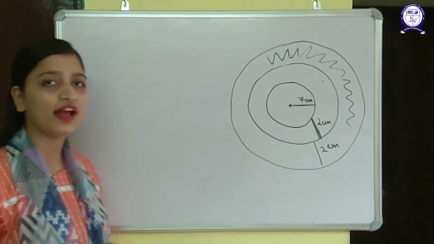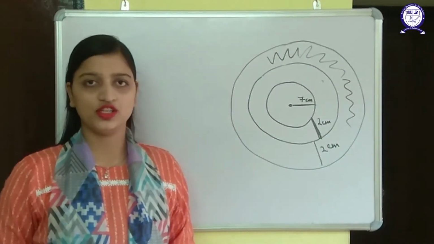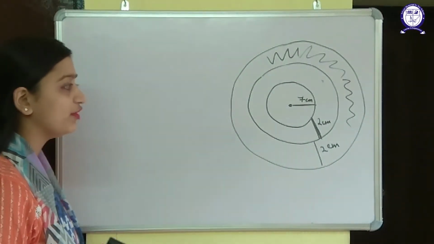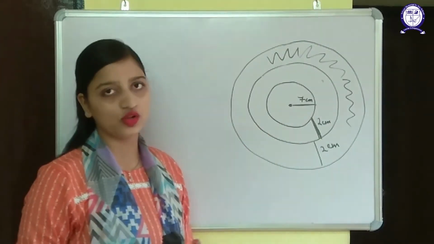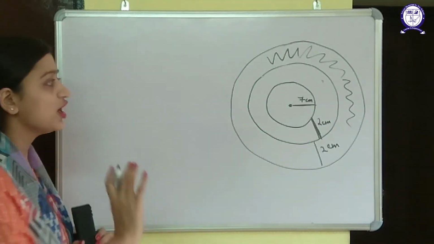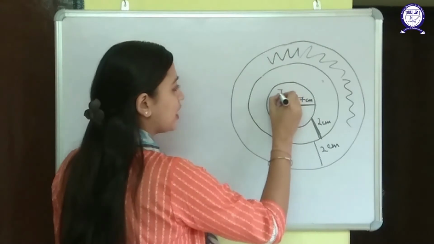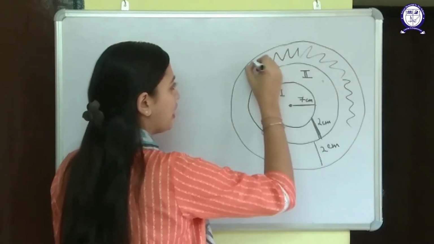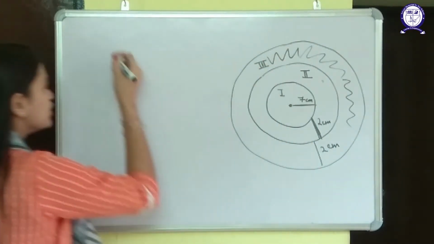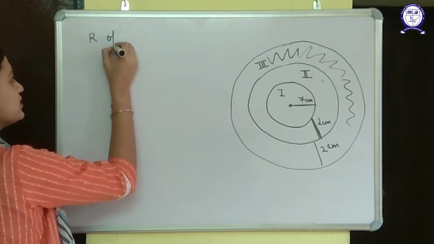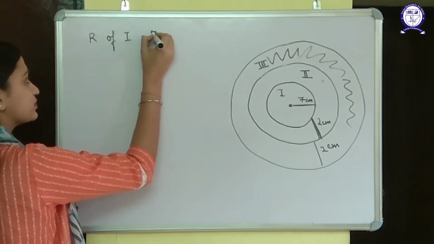So how will we find the answer to this question? First of all, we will need the radius of all the circles. There are 3 circles. Suppose this is my circle 1, this is my circle 2 and this is my circle 3. So the radius of circle 1 is 7.